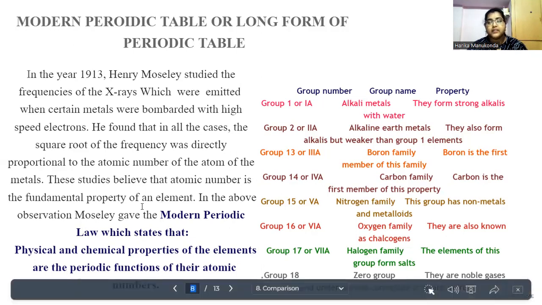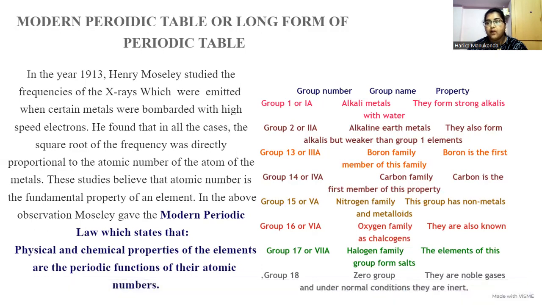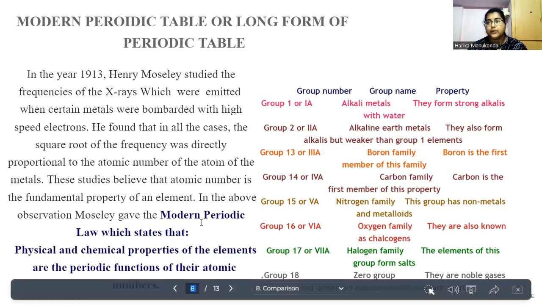From the above observation, Moseley gave the modern periodic law, which states that physical and chemical properties of the elements are a periodic function of their atomic number, but not the masses. So atomic number is the fundamental property of an atom, and it is the fundamental basis to create a periodic table.